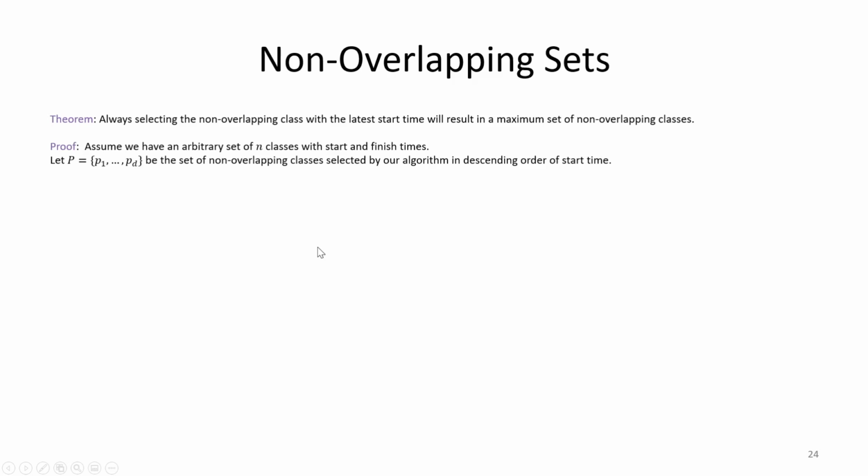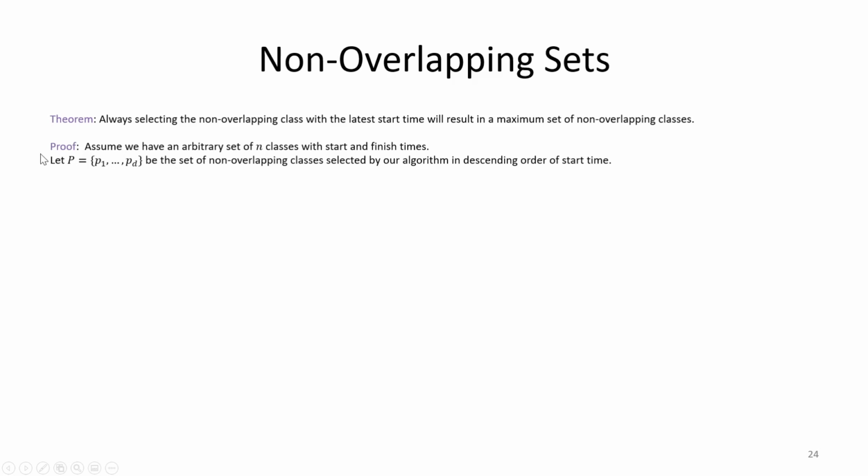Again, we want to begin these proofs by giving ourselves something to talk about. So I'm going to let P, once again, we're using S's for our start time, so I don't want any confusion with them. Usually I'll use S for solution, but I'm going to use P here. Unlike in our last video where these were capital P's standing in for sets of classes, these are now actually classes.